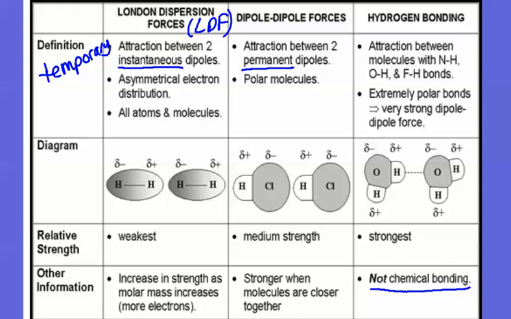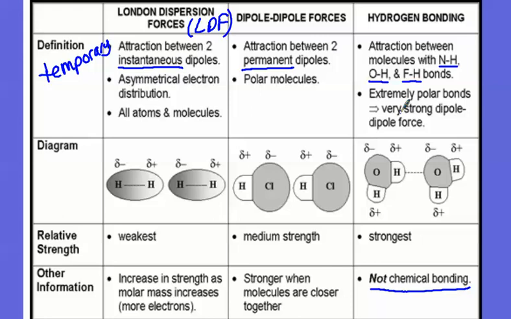A hydrogen bond is an attraction between a nitrogen and a hydrogen, oxygen and hydrogen, or fluorine and hydrogen. That's where that N, O, and F come from; those are the three most electronegative. If it has an N, O, or F with a hydrogen, then it's a hydrogen bond. So these are very, very, very polar bonds. They're extremely polar. Therefore, you can think of a hydrogen bond as an extra strong dipole-dipole force.